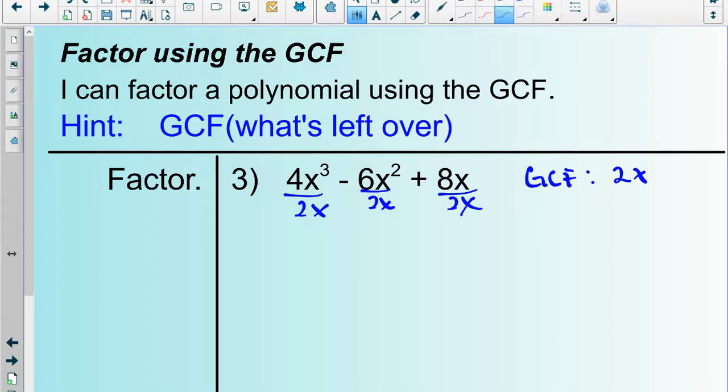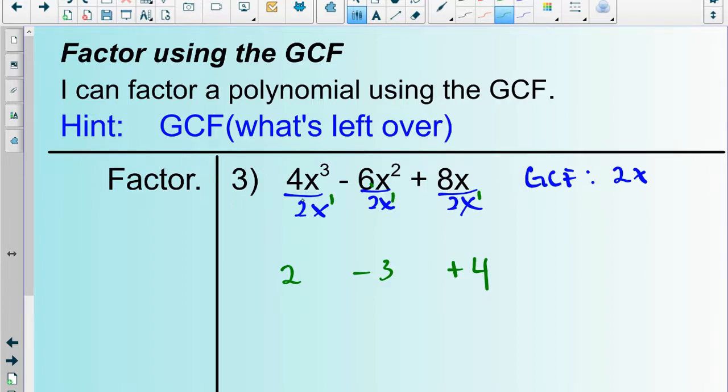As we saw in the first couple problems, when you divide the coefficients, 4 divided by 2 is 2, and 6 divided by 2 is 3, and 8 divided by 2 is 4. And for the variable parts, remember you're subtracting the exponents.